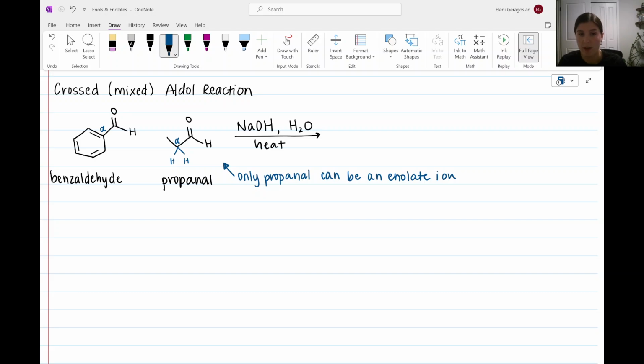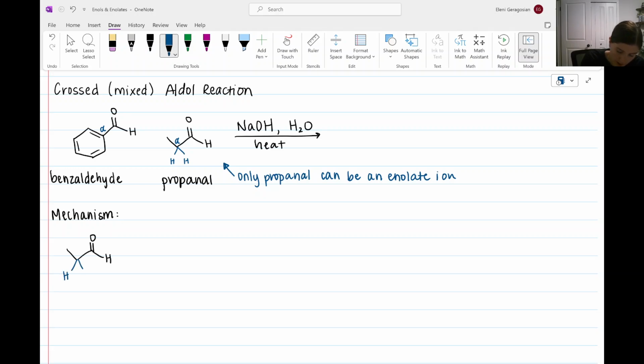So once propanol becomes an enolate ion, that enolate negatively charged carbon could add to the carbonyl carbon in benzaldehyde. So let's draw what that looks like in a mechanism. So first step of aldol reactions is forming the enolate, and that can only occur in propanol. So that will be in our first step.